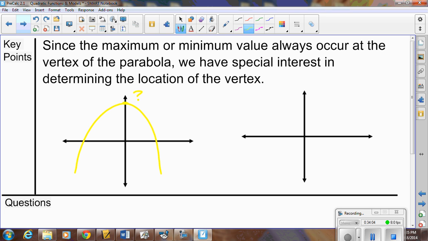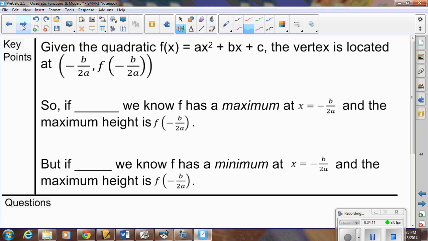And if we have a minimum, where is the vertex? Fortunately, we have a formula that will give it to us. If you have a quadratic in the general form, ax squared plus bx plus c, the vertex is located when you have x equals negative b over 2a.